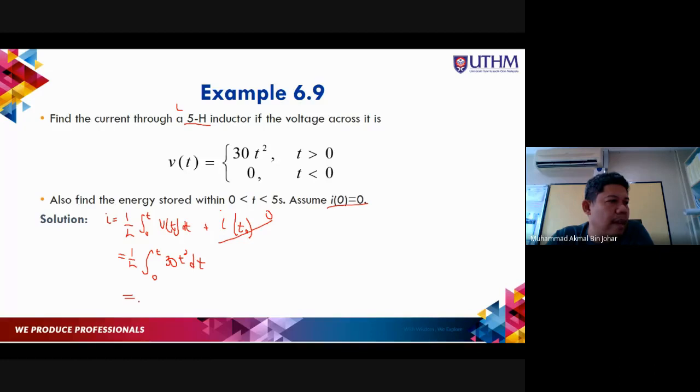So L is 5, 30 over 5, and then the integral of t squared is t cubed over 3. So 30 over 5 gives 6, times t cubed over 3. Finally we will get 2t cubed amperes.